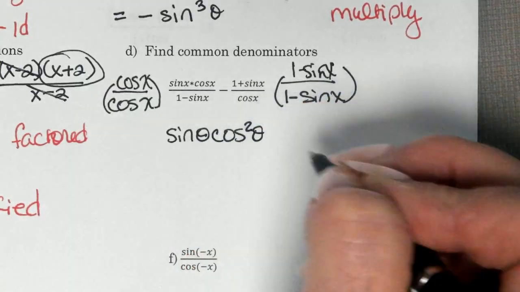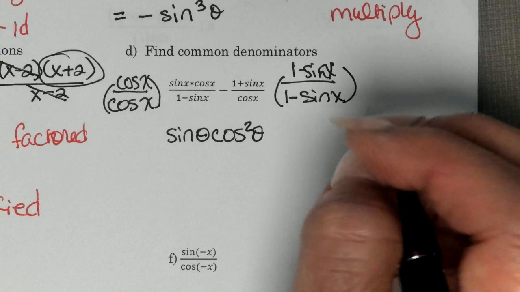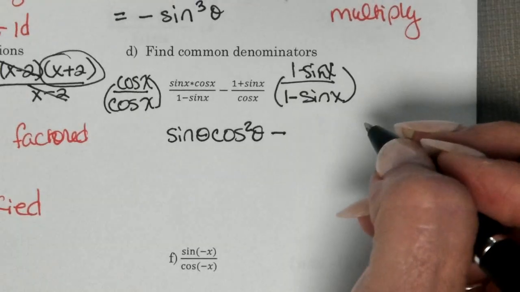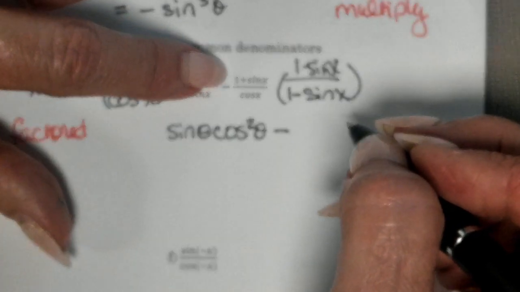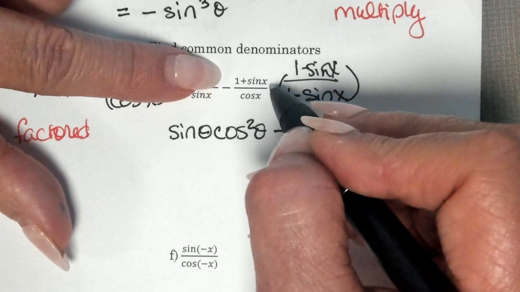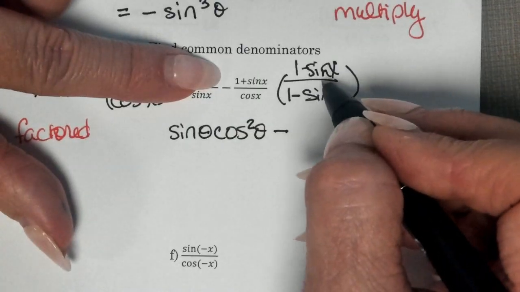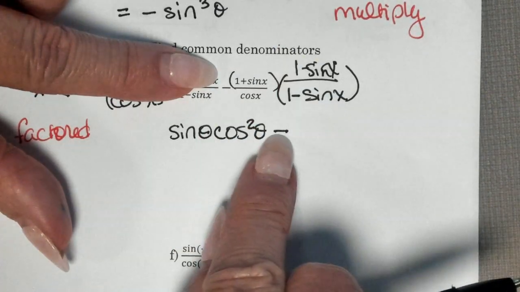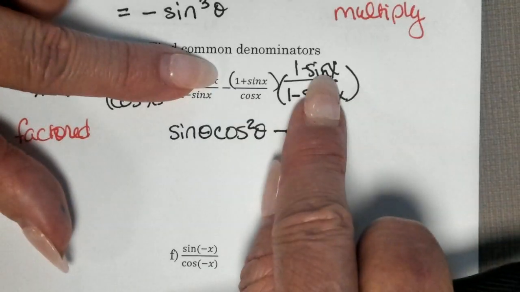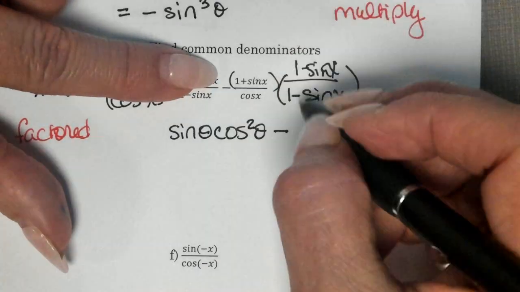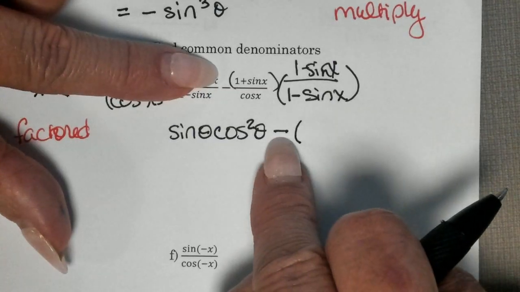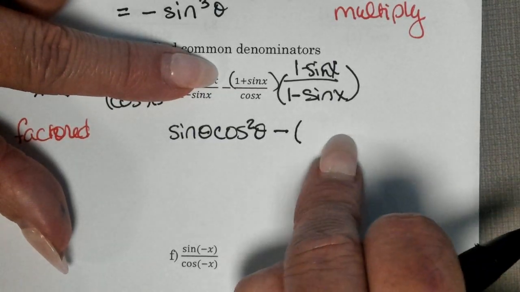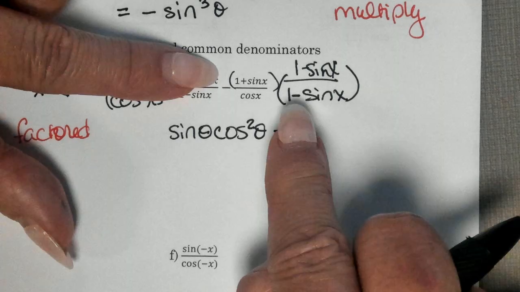Cosine squared theta minus, now, over here in my numerator, 1 plus sine times 1 minus sine. You gotta remember, we're subtracting whatever we get here. So I'm going to go ahead and put a parenthesis around this so I don't forget. No matter how many terms I have, I'm subtracting all of them.